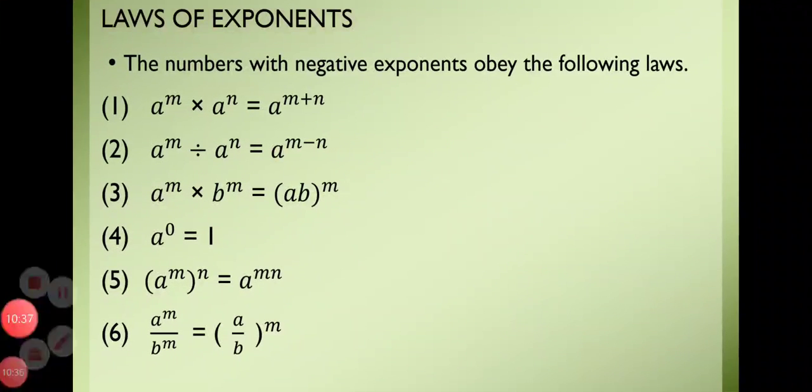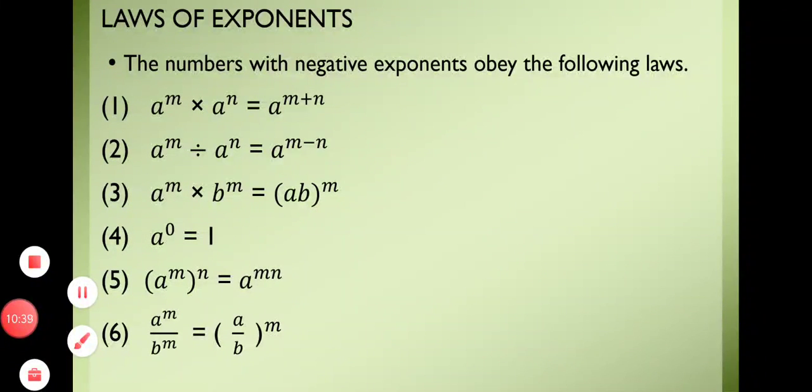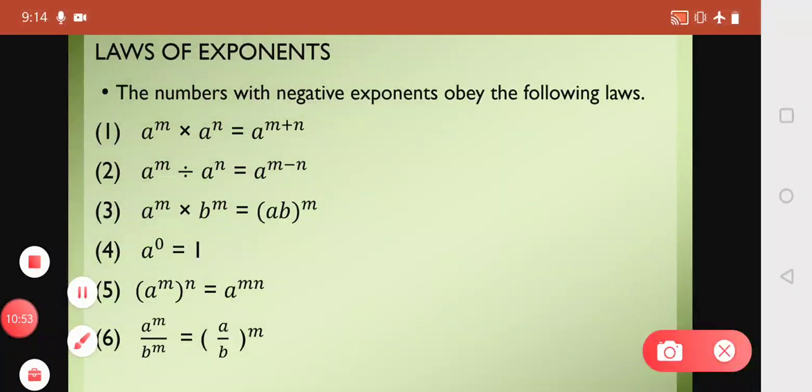Third law, that is a raised to m multiplied by b raised to m. Here you can see the difference from the earlier exponential forms is that here the base is different. Here the base is a and here the base is b.